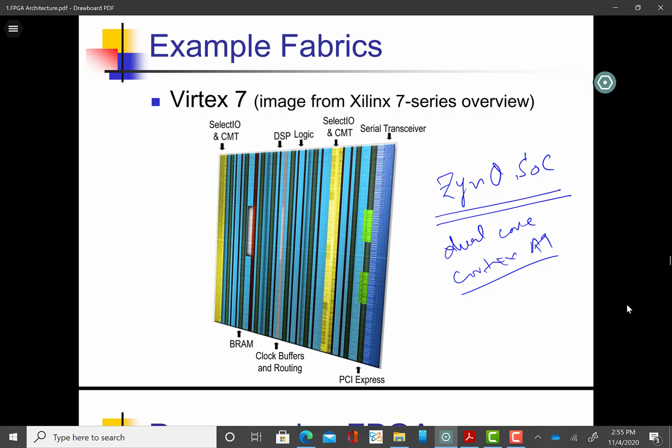So you can say that these different kinds of resources are there to support different algorithms. For example, if you want to connect to a user interface, then a processor is the best choice. But if you want to implement an image processing algorithm, maybe a GPU or FPGA is a better option.